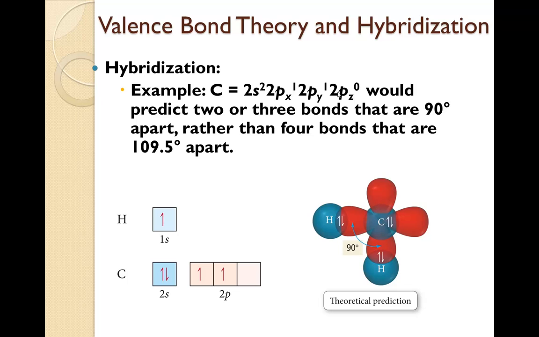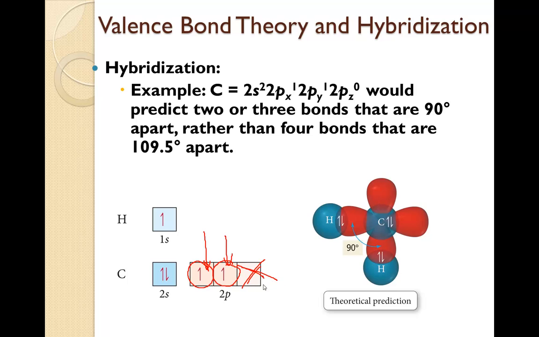Here's an example, carbon and hydrogen. If we look at what we actually have here as far as the Lewis dot structure, we have 2 p orbitals half filled, and then nothing in the last one. So according to our overlap theory, we would need a hydrogen here and a hydrogen here, and there would be no need for one here because there's nothing in it.